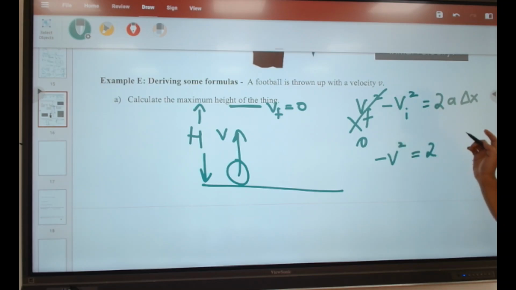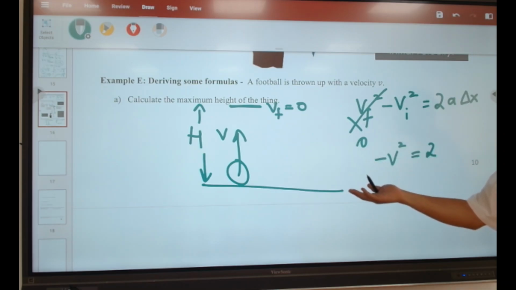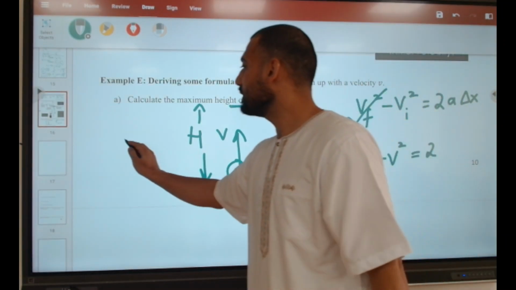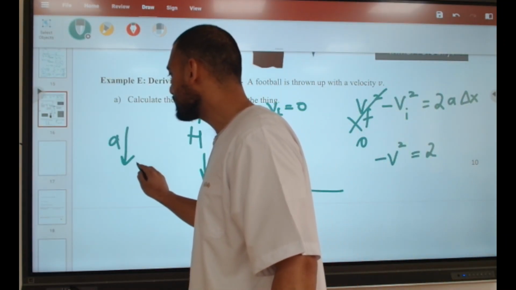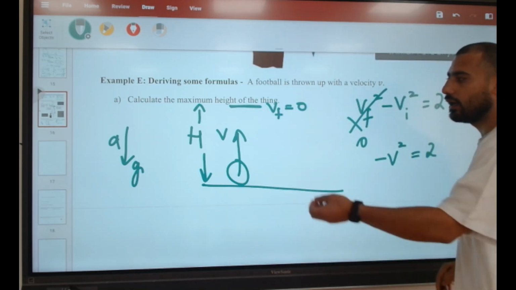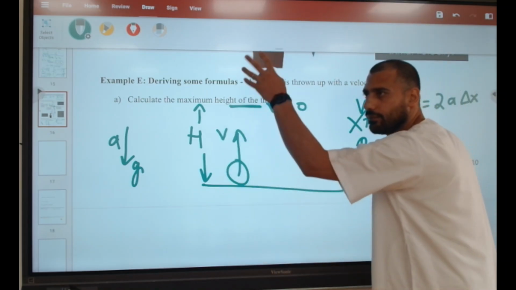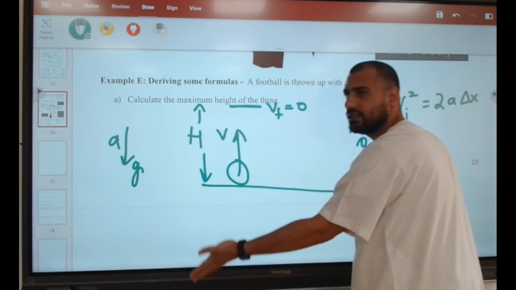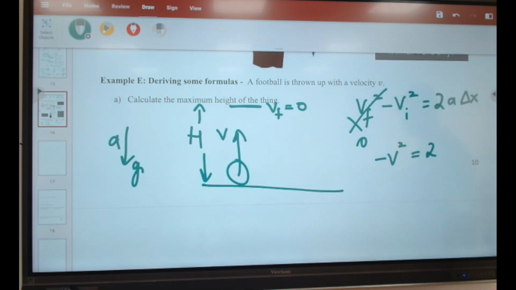Now tell me, what is acceleration? Under gravity, acceleration is always downwards. It is g. When the body is going up or coming down, acceleration is always g. So what do I write?